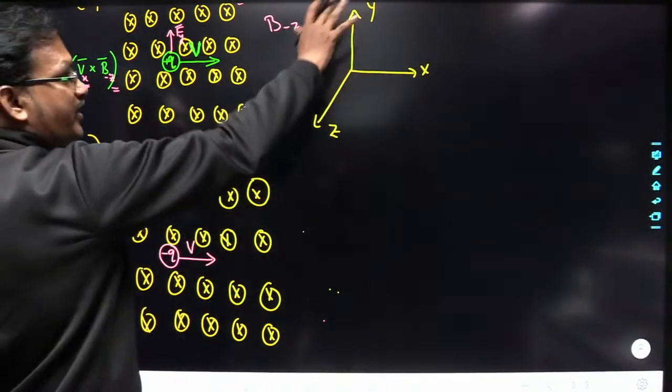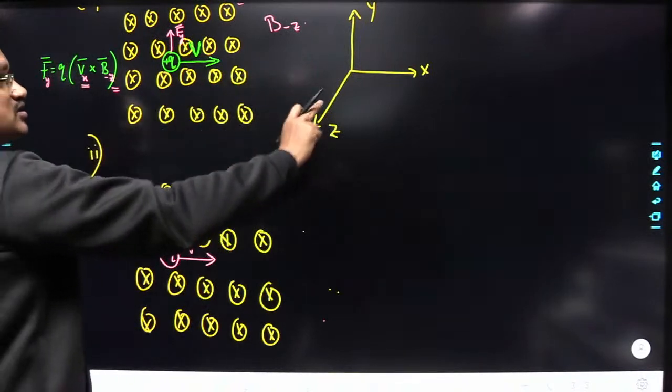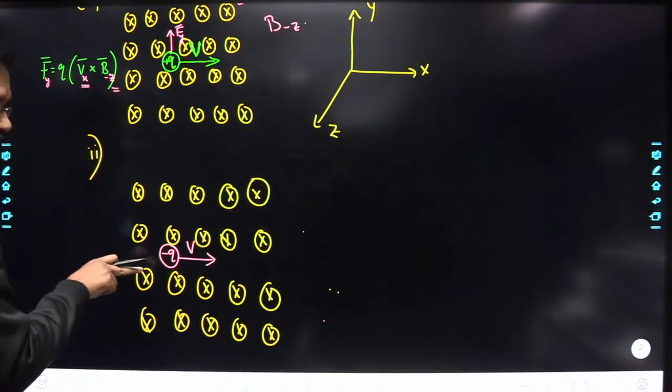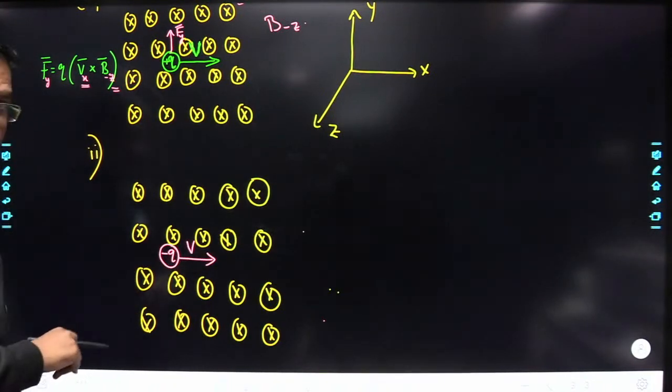Always consider the coordinate axes in this manner: X in this direction, Y in this direction, Z coming out of the board. Now minus Q is moving with velocity V in this direction. Understood? In this case, in which direction is it going to experience the force?